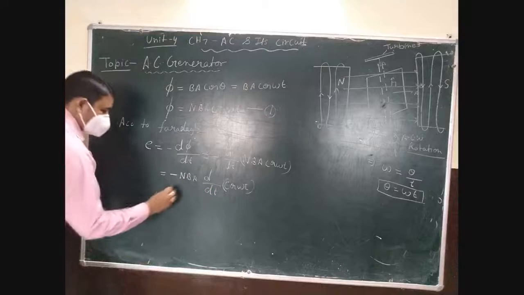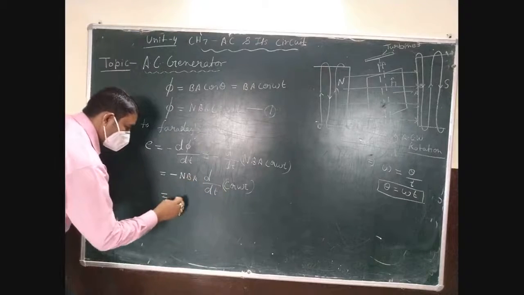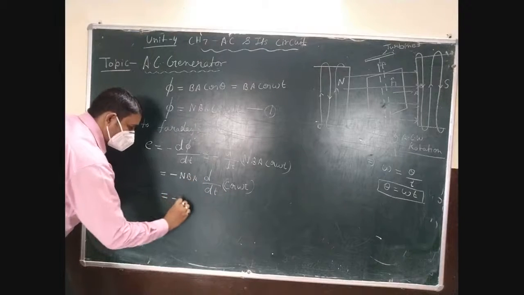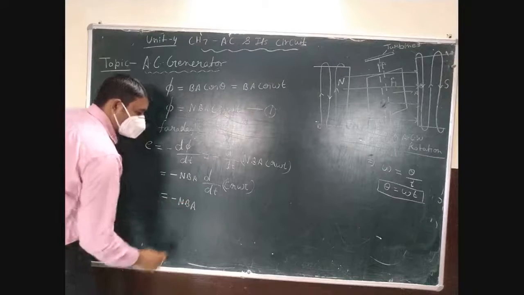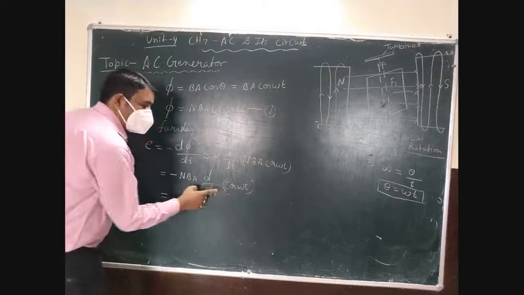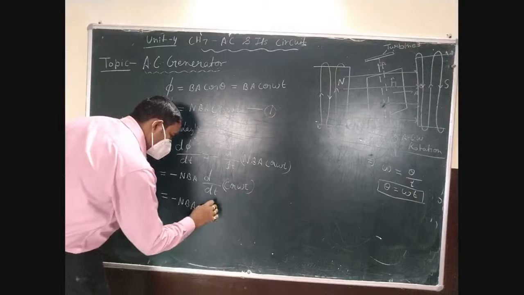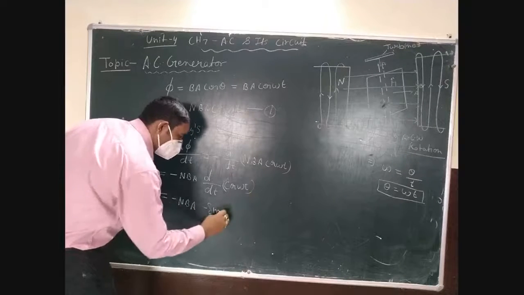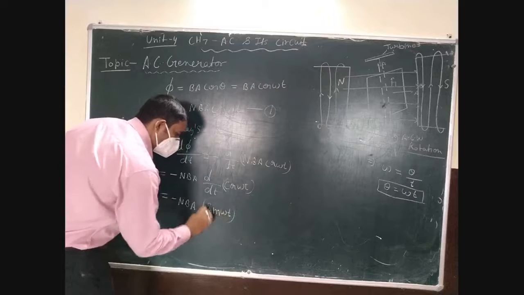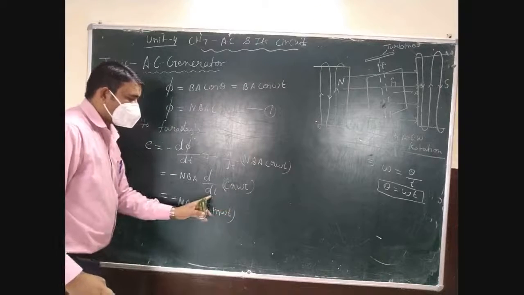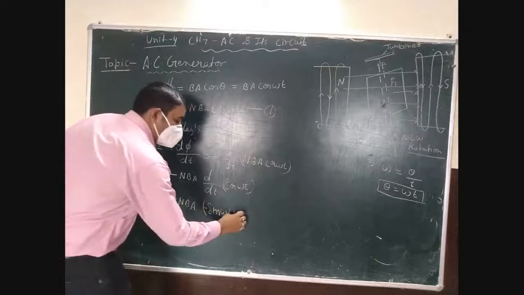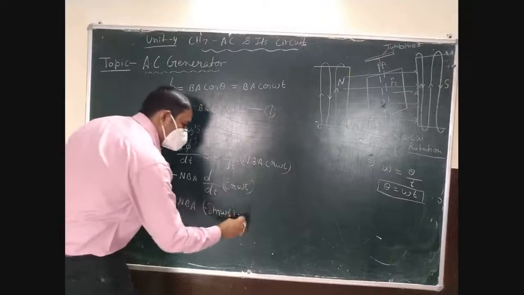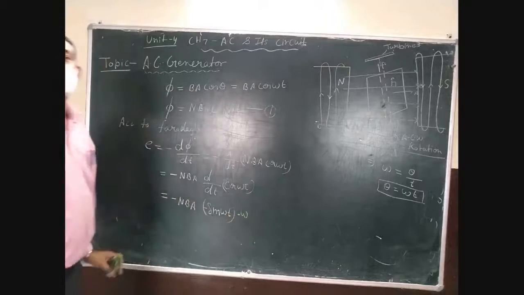Now differentiate this cos, minus NBA. The differentiation of cos theta is minus sin theta, that is sin omega t, and because the function is t, not omega t, when we again differentiate this omega t we get only omega.